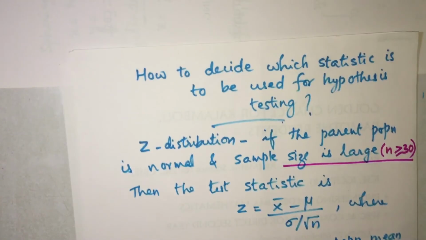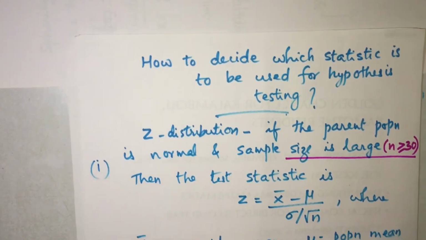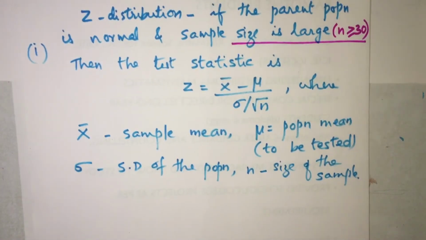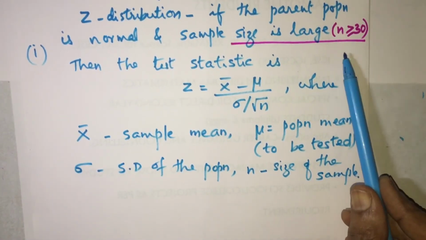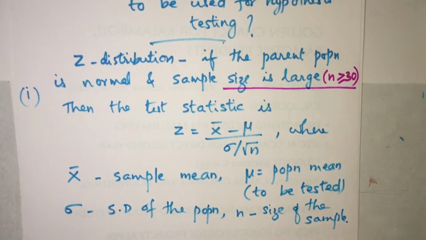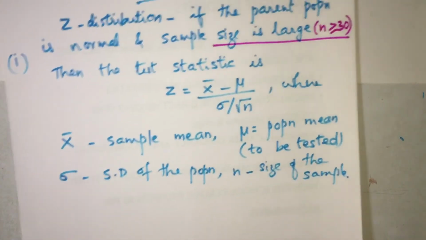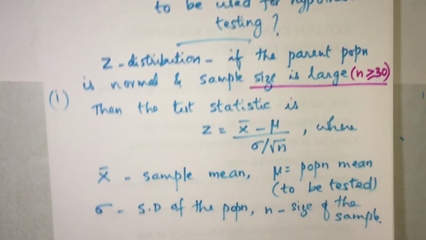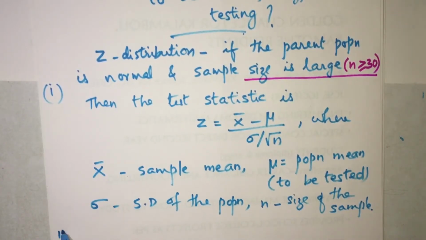So this is the first test, the Z test, or Z distribution we use if the sample size is comparatively large, that is if it is greater than or equal to 30, then we use this Z statistic.